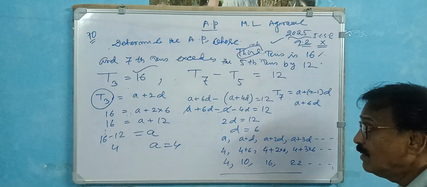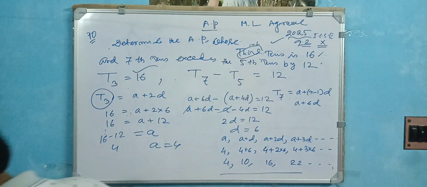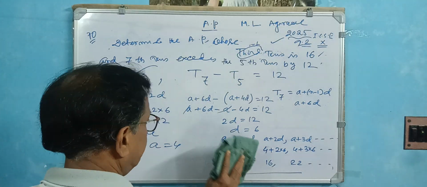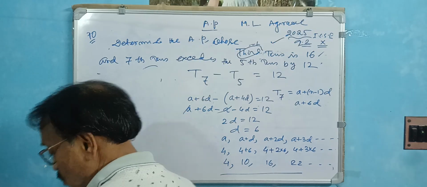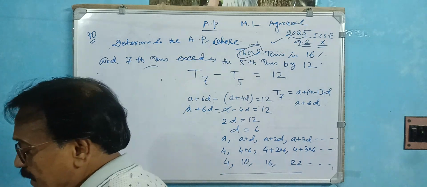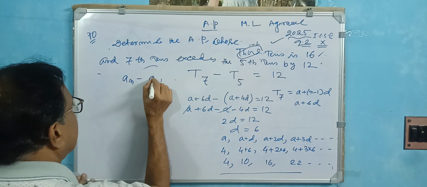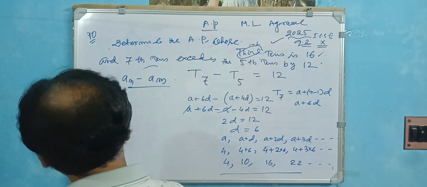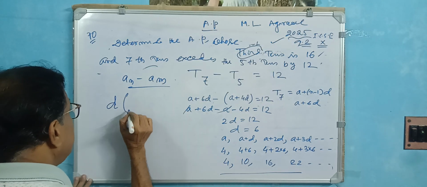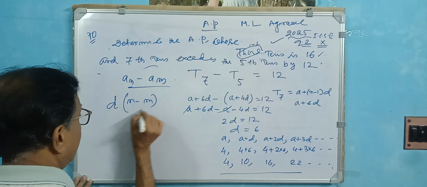Clear? Now একটা ছোট্ট ফর্মুলা আছে, এটাও ডিসকাস করে দিই, that is very important. এইটা দিয়ে করলে very easy হয়ে যায়। That means if there is the difference of the two terms an minus am, এটাকে আমরা লিখতে পারি d into (n minus m).